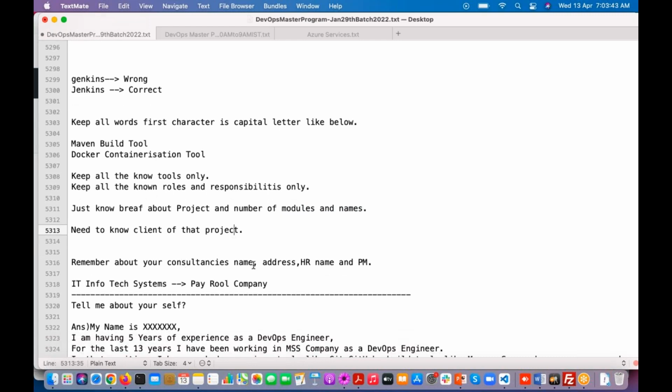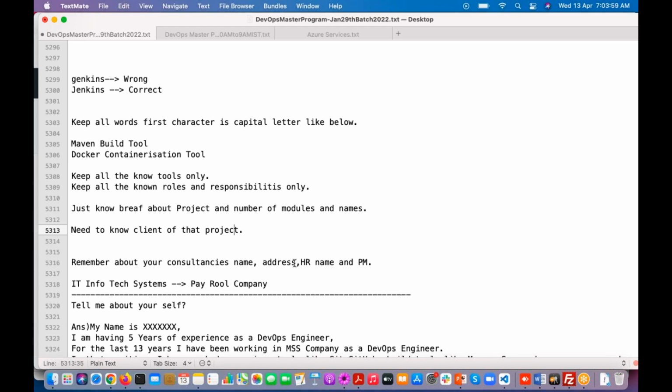So remember your consultant's name and address. Suppose you don't have any prior experience and you are showing some experience. At that time you should know that consultant's name and address also.